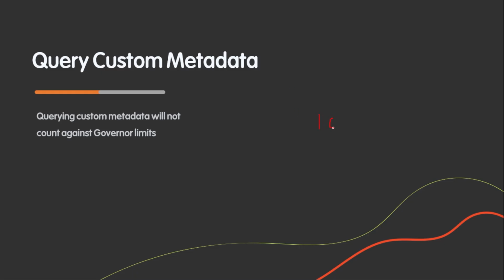So the limit for SOQL queries is 100; you have done 50 on custom objects and one on custom metadata, and it will still count as 50, so you have utilized 50% of the limit. This thing you need to remember.